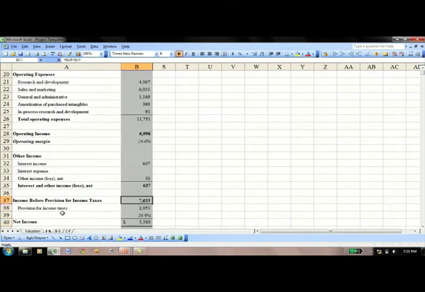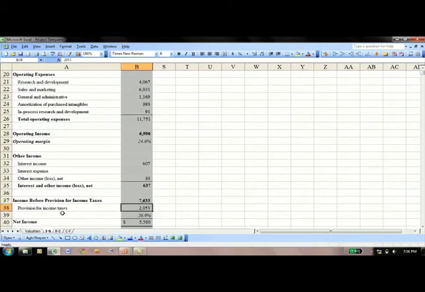And then here you add the operating income and you add all of the other income and expenses, and you get your income before income taxes. This is your taxable income. And then based on what its accountants estimate, Cisco comes up with what's called a provision for income taxes and says we expect to pay roughly $2 billion in taxes.